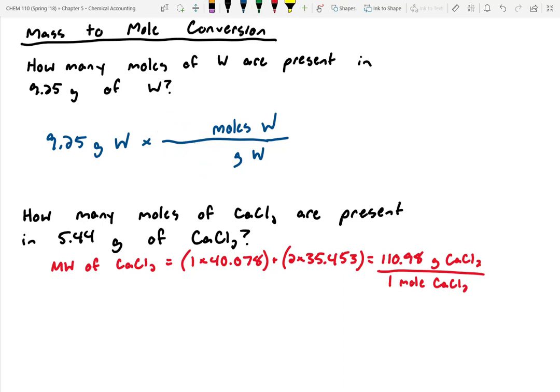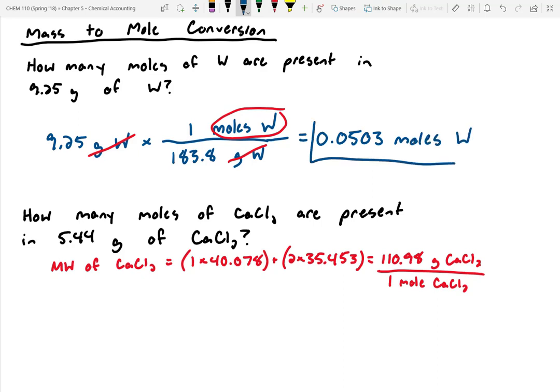So I'm going to plug it in on the bottom. So 183.8 grams for every 1 mole. We're going to cancel out grams of tungsten, and we'll be left with our desired unit of moles of tungsten, which if we plug this in, should give us a value of 0.0503 moles of tungsten. And that would be our final answer.